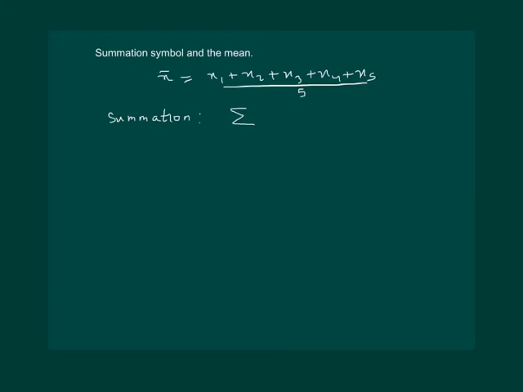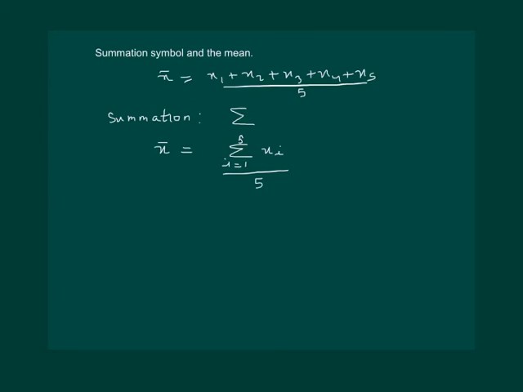Using this symbol, now we can write x bar equal to summation xi, i varying from 1 to 5. Why? Because i is taking value 1, 2, 3, 4, 5, whole divided by 5.